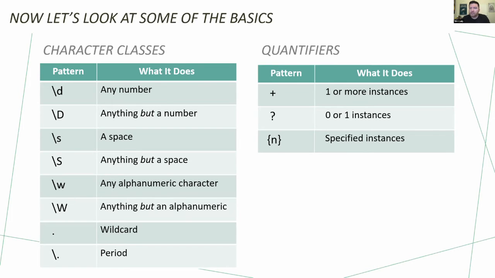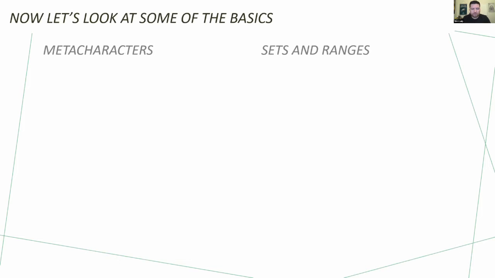And finally, when you're using those squiggly brackets with a digit in there, that's telling the search pattern you're looking for a range of characters. In our previous example, we were looking for digits between 1 and 5 in character length. So it's looking for, like it says there, a specified instance or count of that particular character.